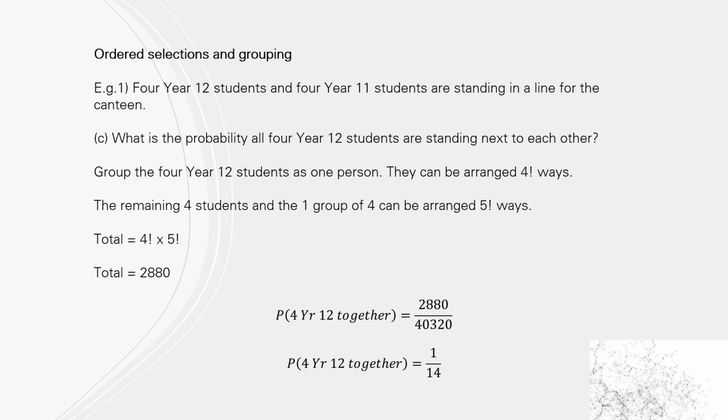So you've got the 4 factorial for the Year 12s times the 5 factorial, which is those Year 12s treated as one, combined with the 4 Year 11s, and that's 2,880. And because it's a probability, you put that number over the total that we got in Part A, so there's a 1 in 14 chance that the Year 12s are together.